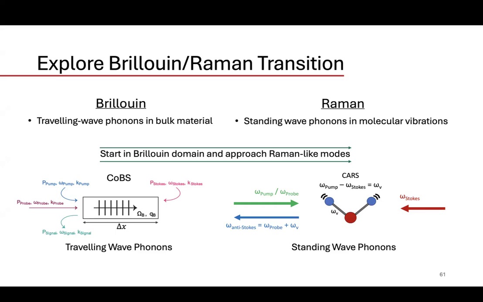If we have something that can measure at very small lengths, perhaps we can measure small enough lengths that the traveling wave phonons, which don't last very long and do not travel very far, micrometers in most materials, might be able to reach the end of a sample and reflect at the interface and interfere with the other traveling wave phonons, causing a standing wave pattern to be formed in the material reminiscent of Raman modes.